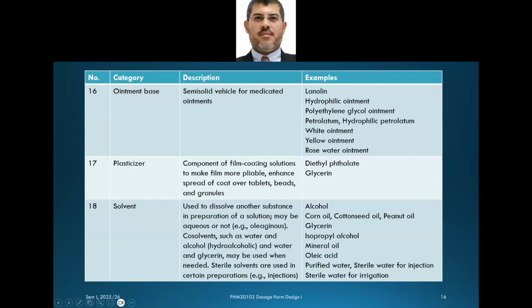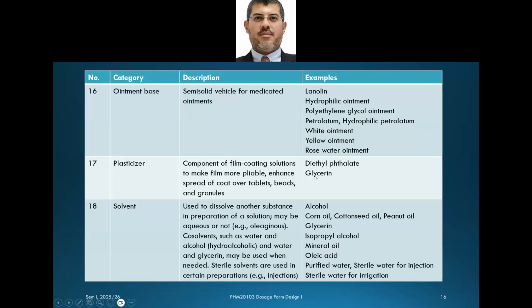So in the solution where I dissolve the coating material, I add a plasticizer. This plasticizer will make the film more malleable and enhance spread of the cover over tablets, giving a uniform cover and uniform thickness, whether I cover tablets or beads or granules, and it will not be broken upon storage or upon processing like packaging and so on.